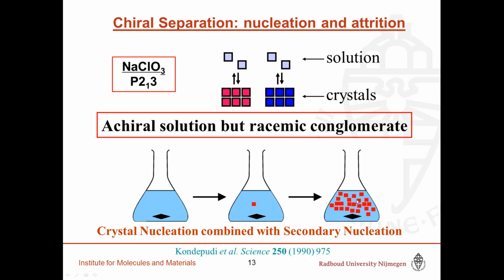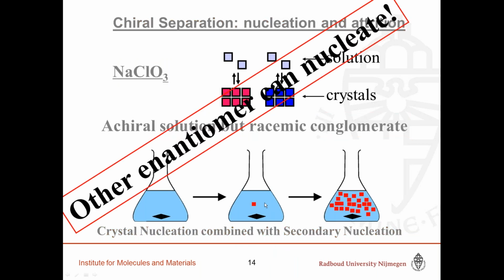And they will eat the supersaturation very fast, and therefore you might hope to end only with the enantiomer in the crystals of the first nucleus. But of course the other enantiomer can nucleate during the process, and then you would have again a mixture of left-handed and right-handed crystals.